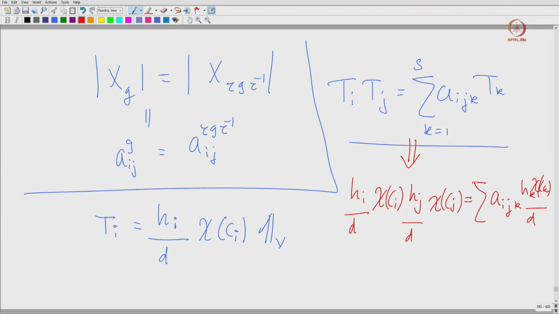So, this number is our y. We can fix i, and this is exactly y_j, and this y_j varies. You can see that this y_j is again a linear combination of y_k's. So, that proves that this h_i chi(C_i) divided by d is indeed an algebraic integer.